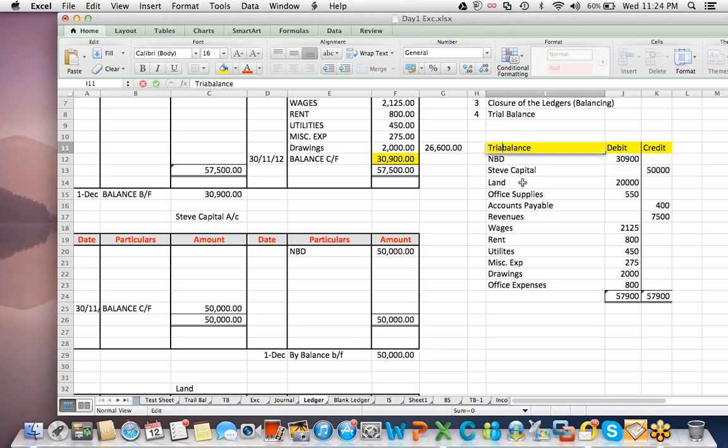Post adjustment trial balance is used for the finalization of accounts. We need to have some month end processes, but before that you need to be familiar with the transactions until the preparation of trial balance.